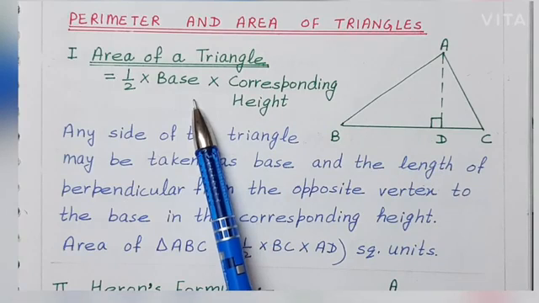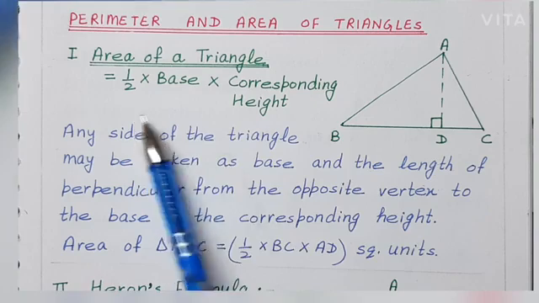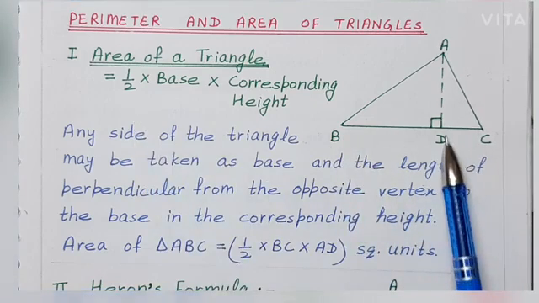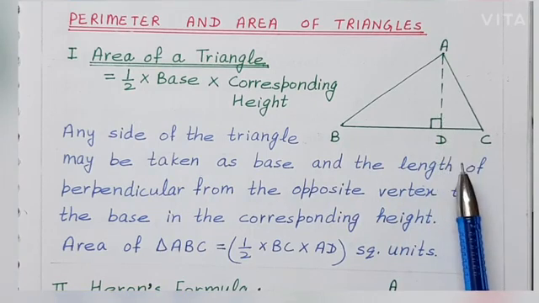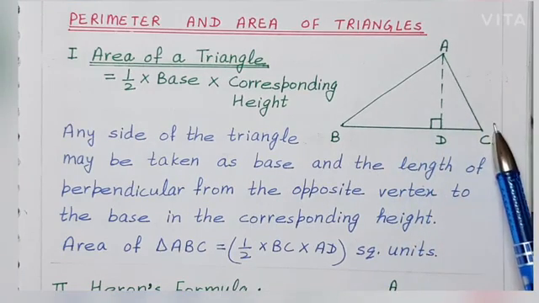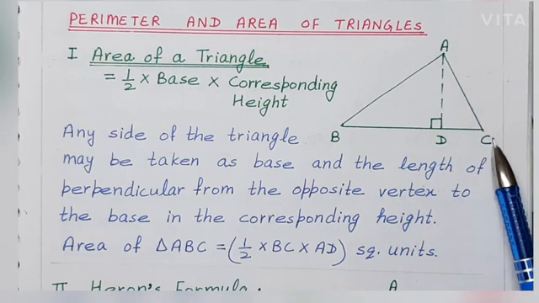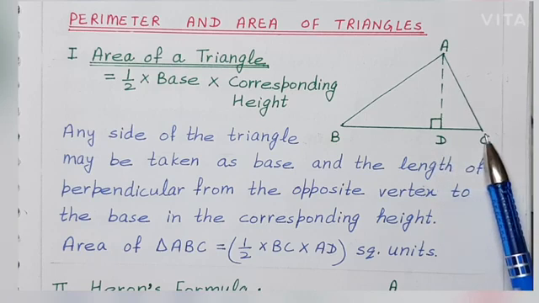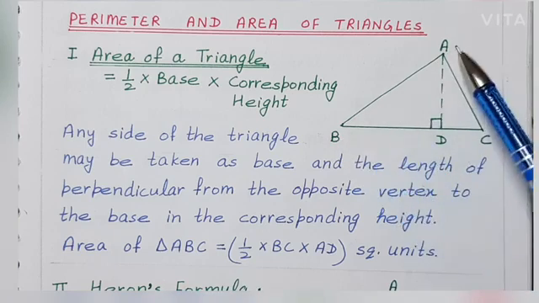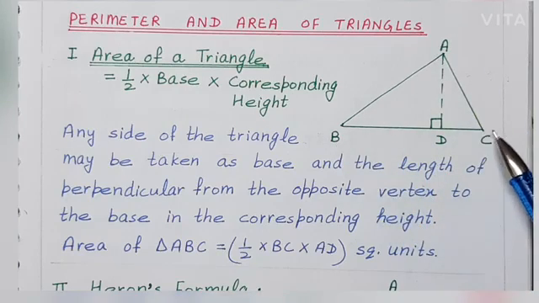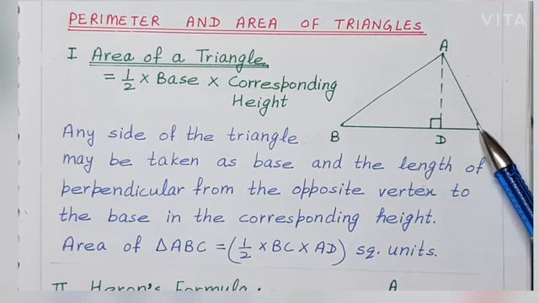Now let us discuss perimeter and area of triangles. The first method is: area of triangle is equal to half into base into corresponding height. Students, any side of a triangle may be taken as base and the length of the perpendicular from its opposite vertex is the height.